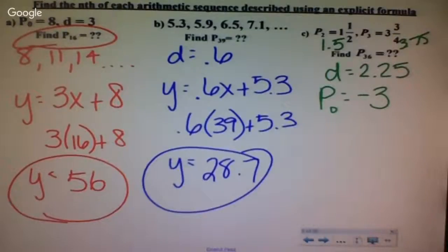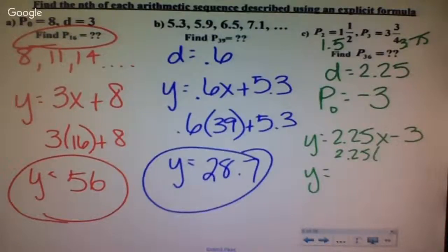To go backwards, we subtract 2.25. So I need to subtract to get this number and then subtract again to give me P sub 0. You cannot just subtract once. So y equals 2.25x minus 3.